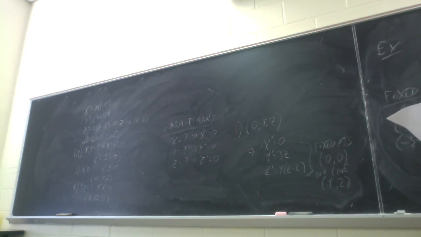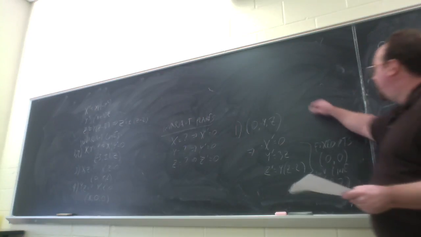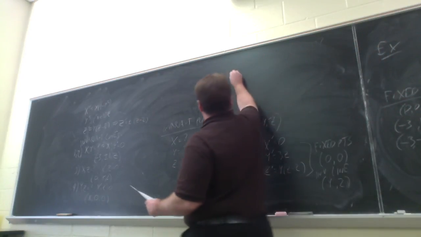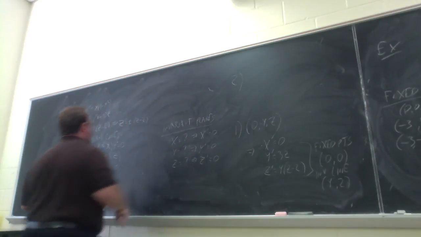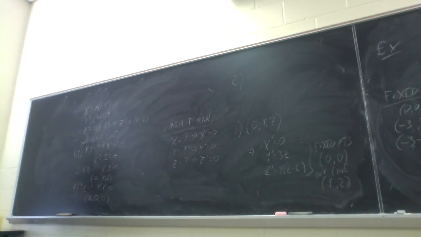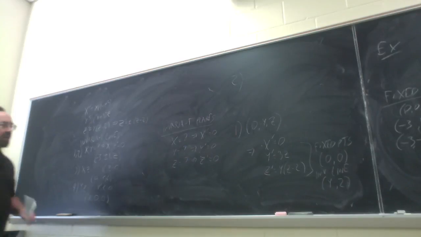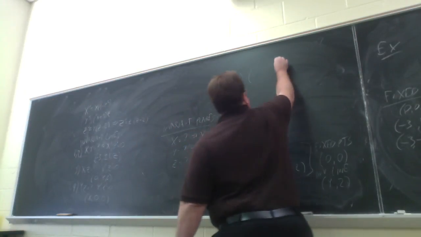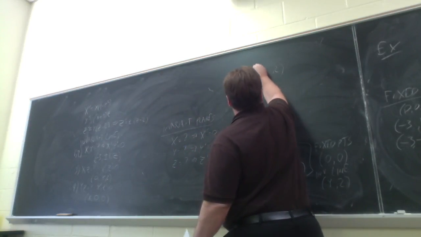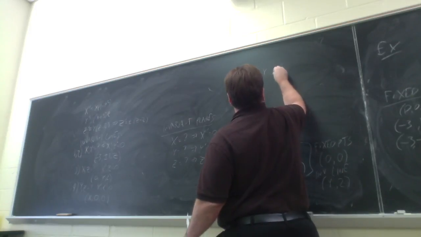I goofed. There's one more invariant plane, one more of these situations that can work out. You can look here. Y equals what? Z. Z equal 2. Yeah, so z is 2, and then x and y are unassigned.